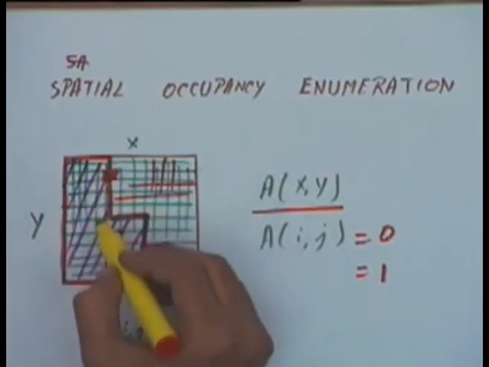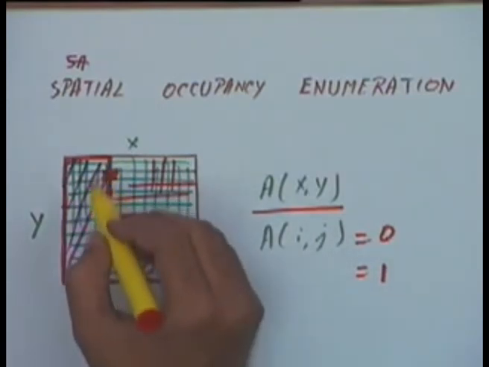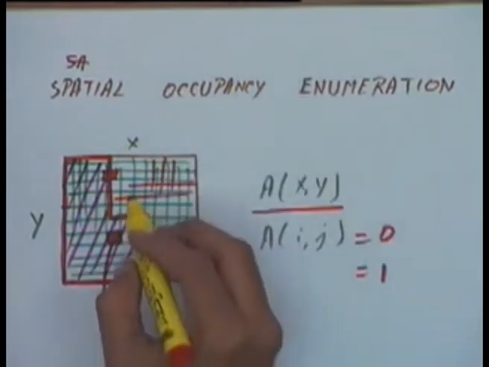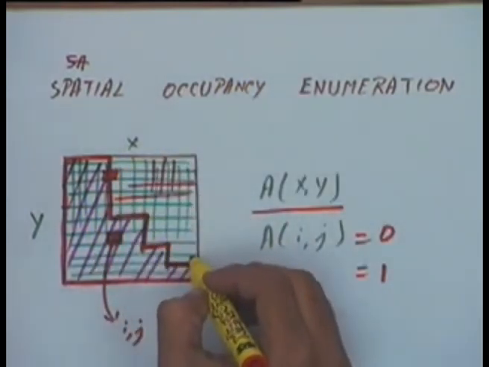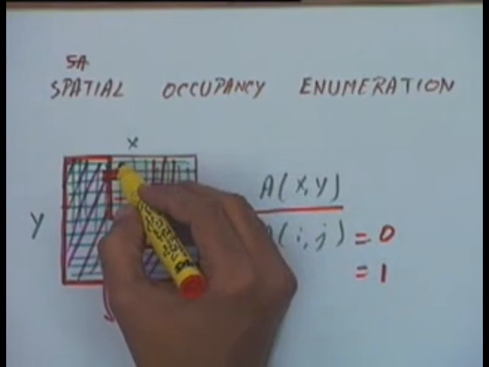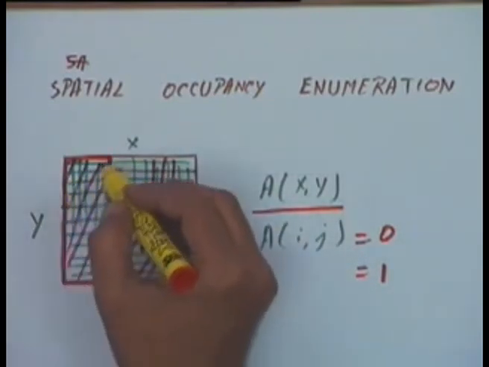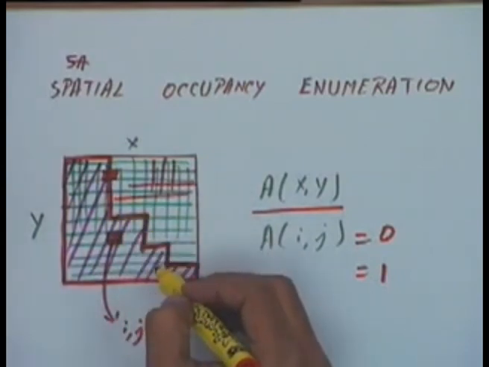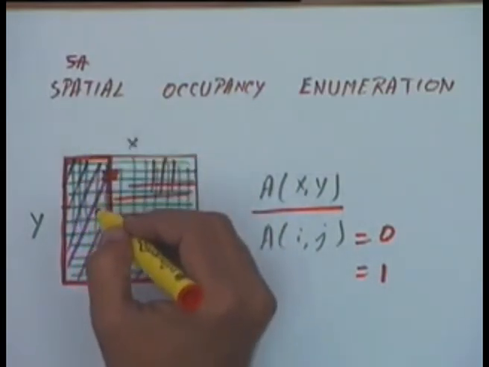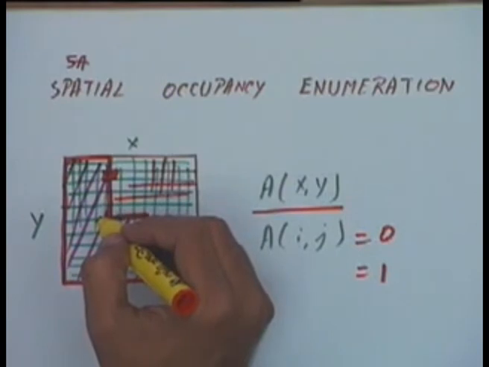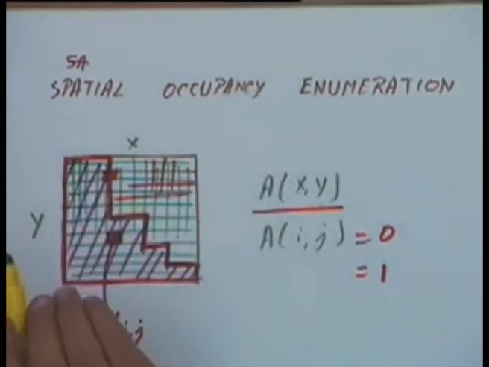If you want a non-uniform size of the square, that will obviously save some space for the area which is not there or the area which is totally inside. There you can have a large size, and then a small size at the boundary. But then you have to keep track of the size of every cell. We'll see methods for doing that also.